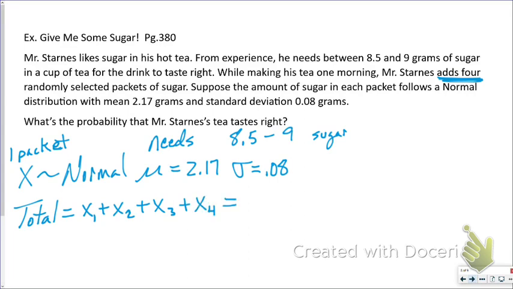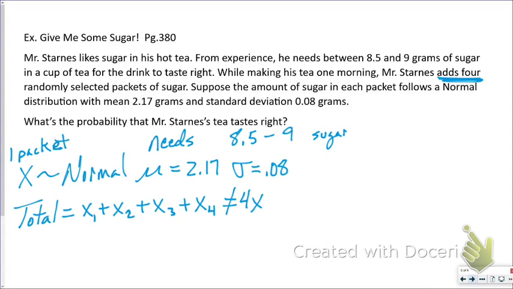Not like this. You don't have to write the 4x part if you don't want to, but I do think it's important to notice that this equation, x1 plus x2 plus x3 plus x4, is not the same as 4x.